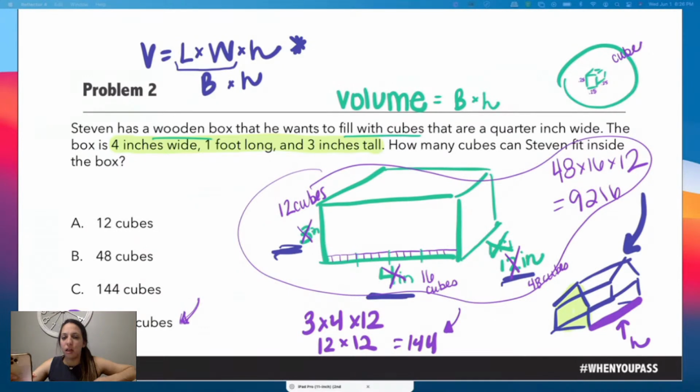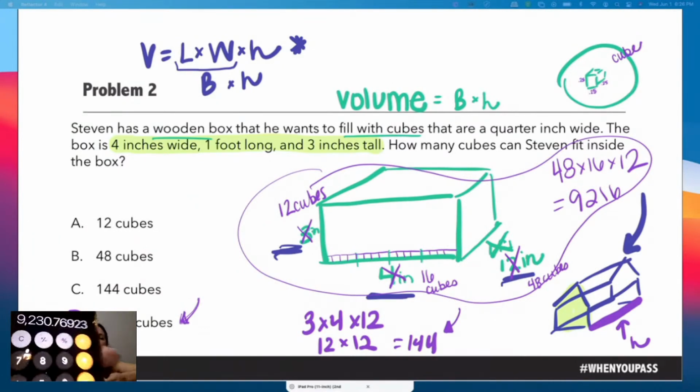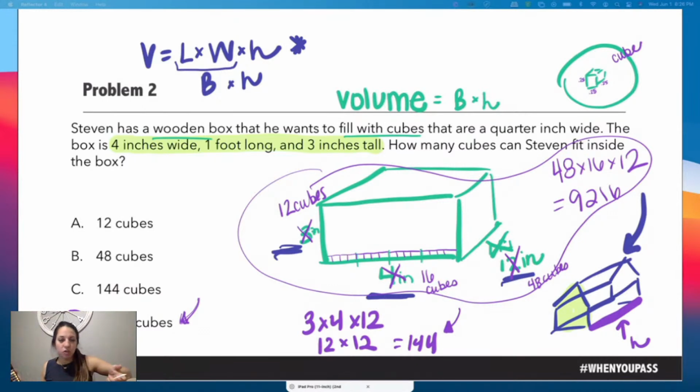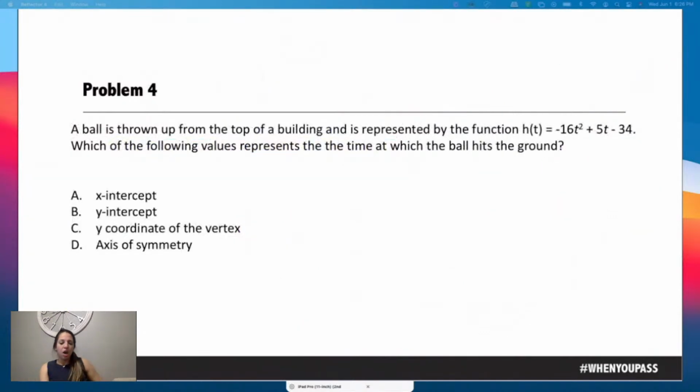So, yes, I got 9,230. The answer is 9,216. That could also be because I rounded off the decimal. So, yes, to answer your question. That also goes back to that whole scale factor conversation that we can talk about next week if you want.